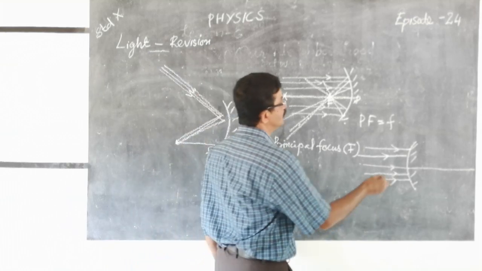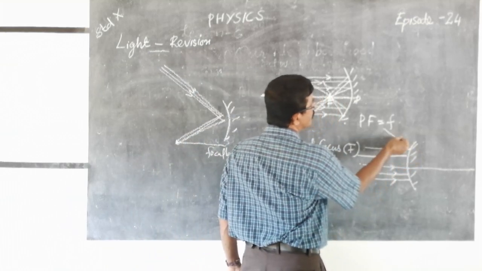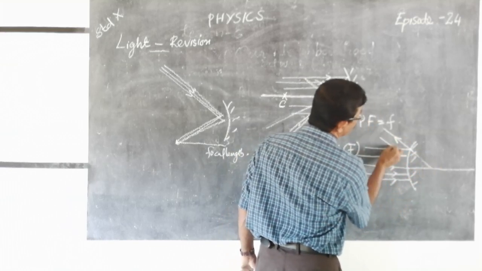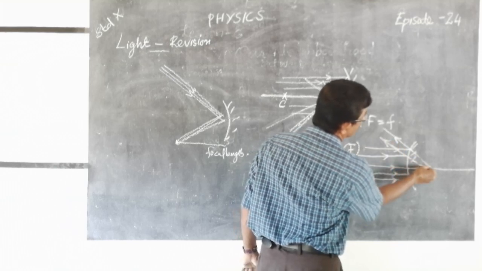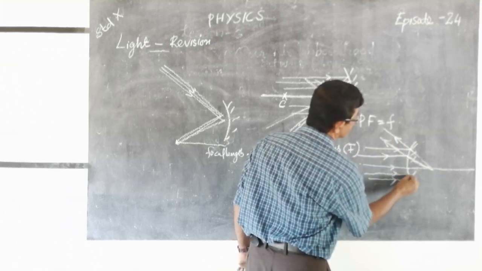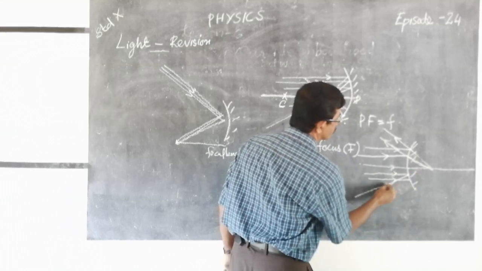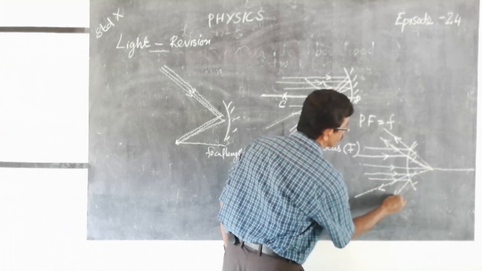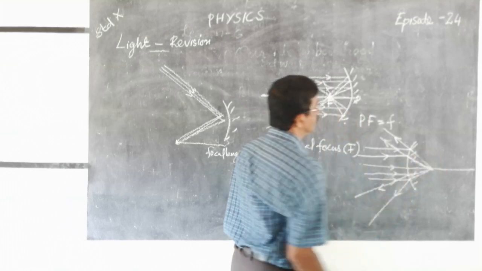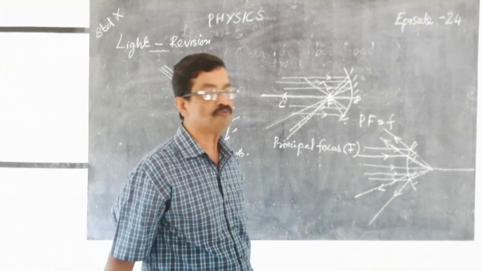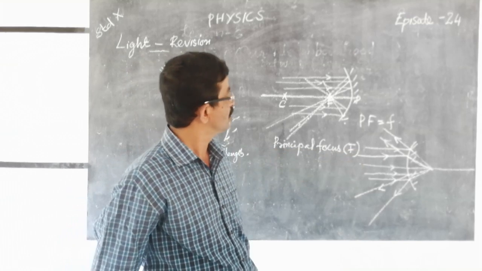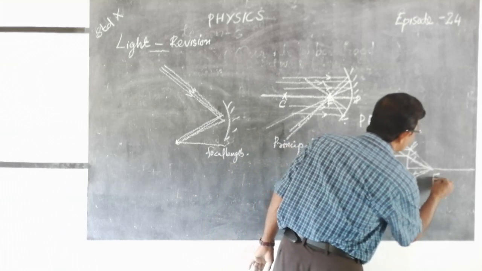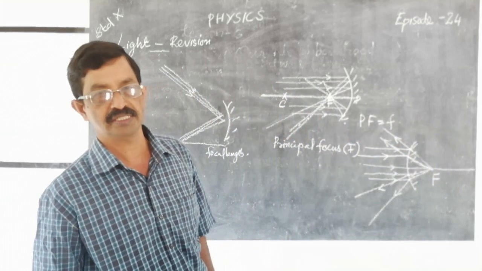After reflection, these rays appear to come, when we extend them backward, from a point on its principal axis, and that point is the principal focus of the convex mirror.